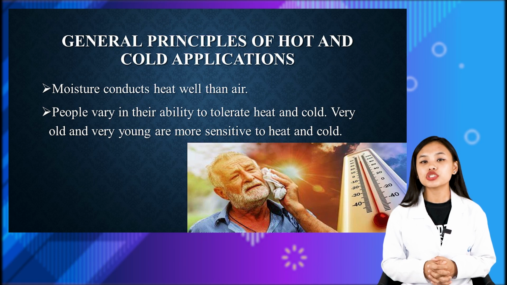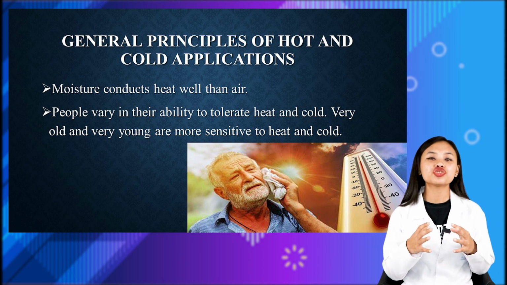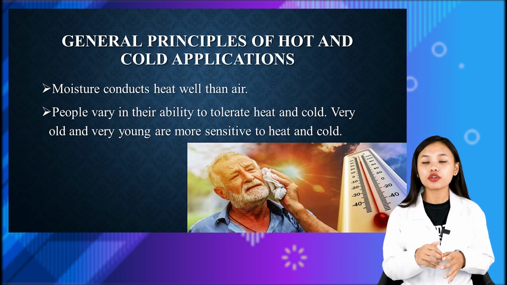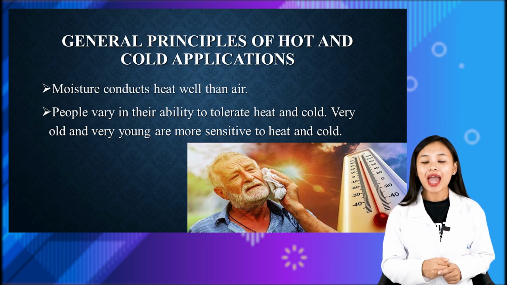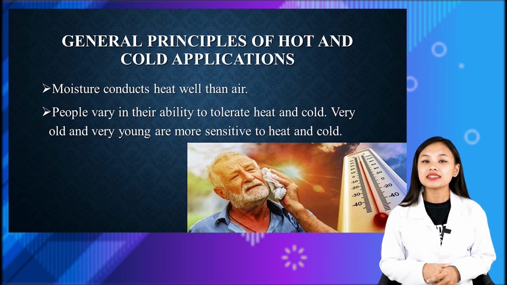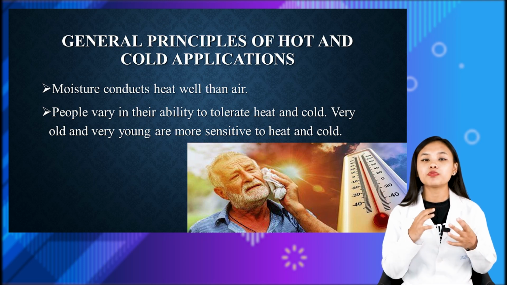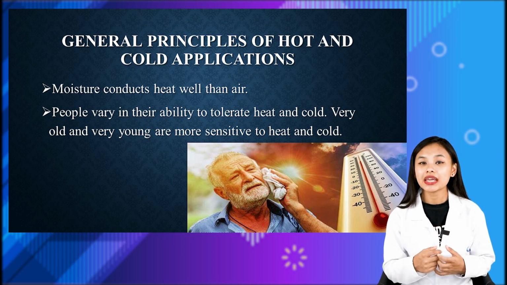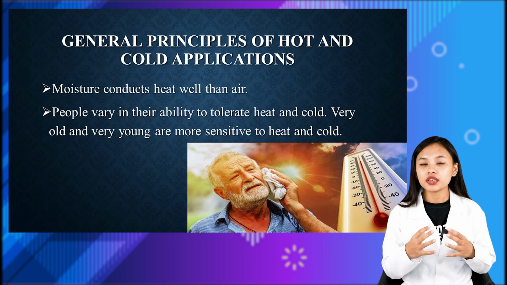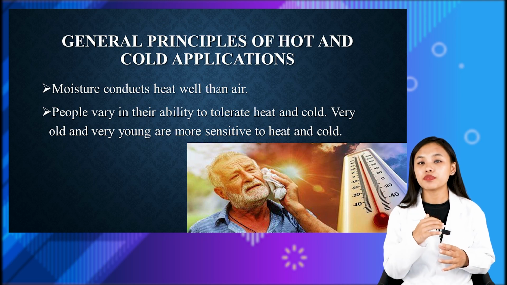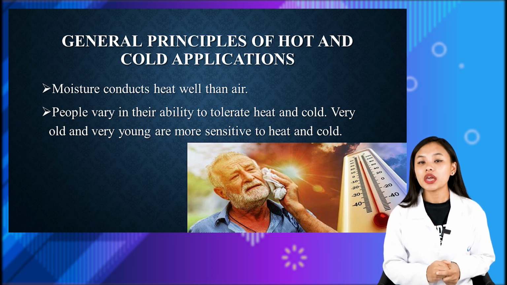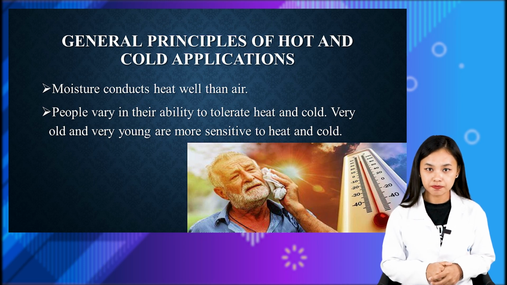Here we must also remember that moisture conducts heat better than the air, and also that the ability of a person to tolerate a provided temperature may be different from one person to the other.